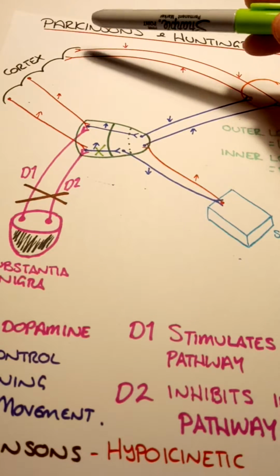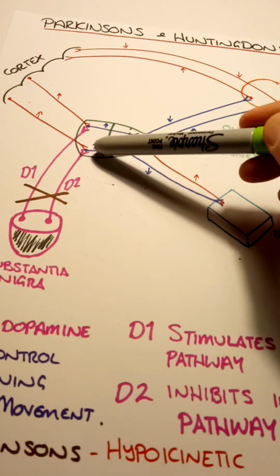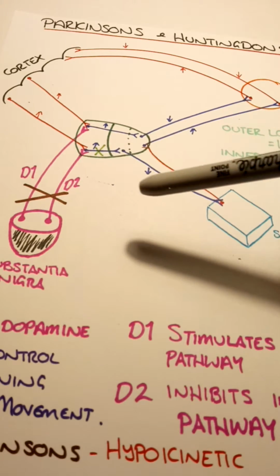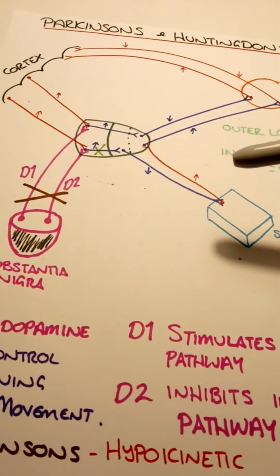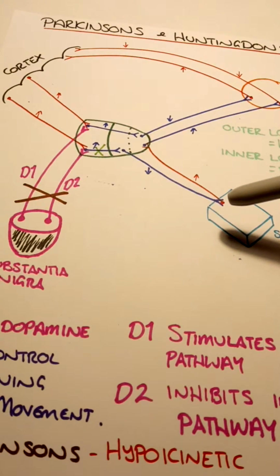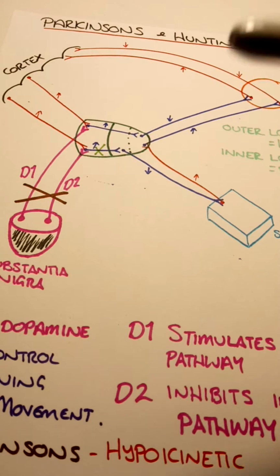So if you cut out this one here, you reduce the amount of, if you like, stimulation for that inhibitory movement to occur.